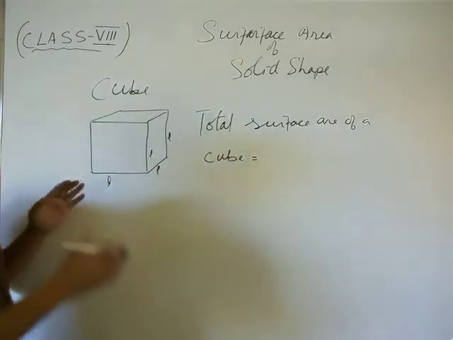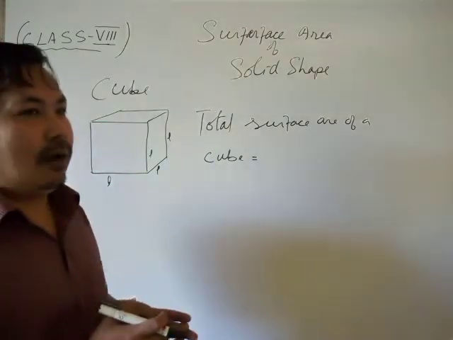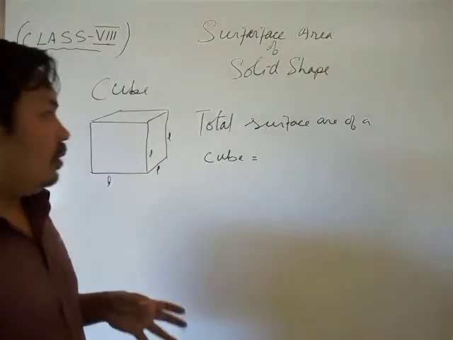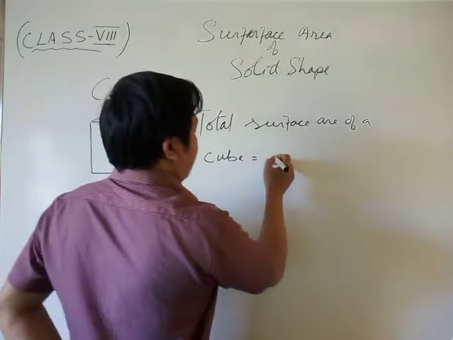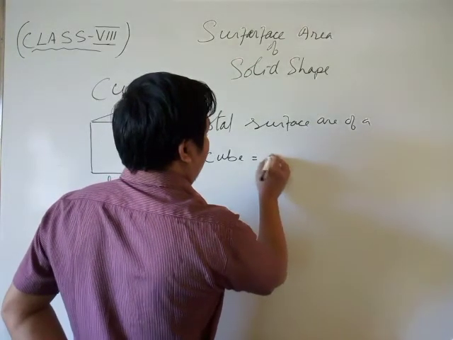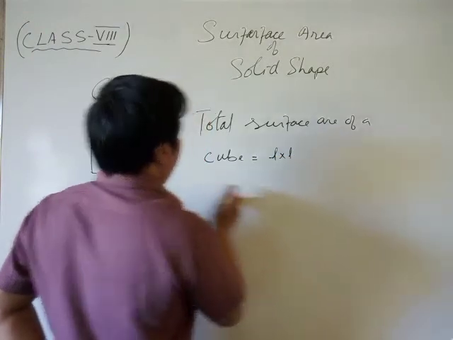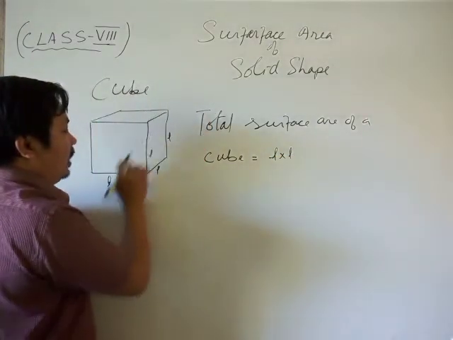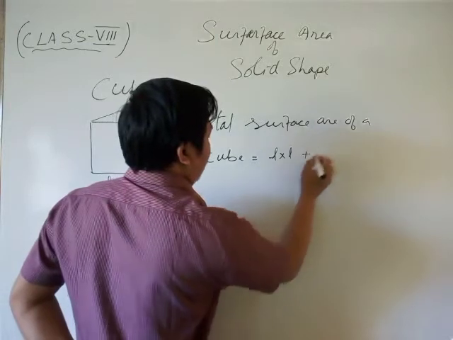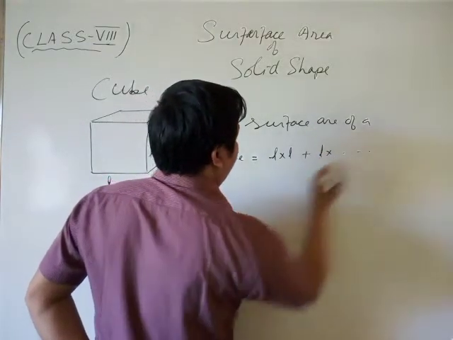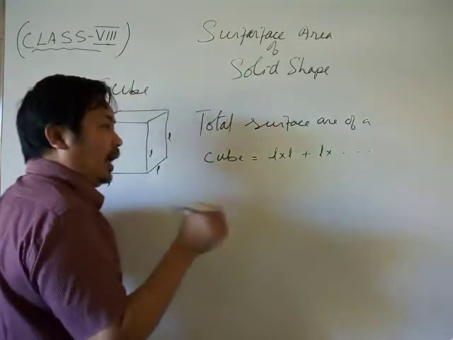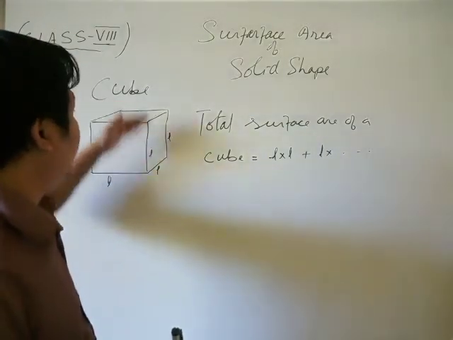So how many faces are there? 6 faces of square. The area of each face is L into L, and you add 6 such areas: 1, 2, 3, 4, 5, 6.